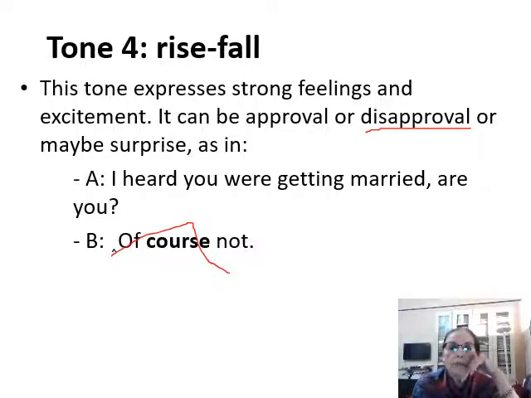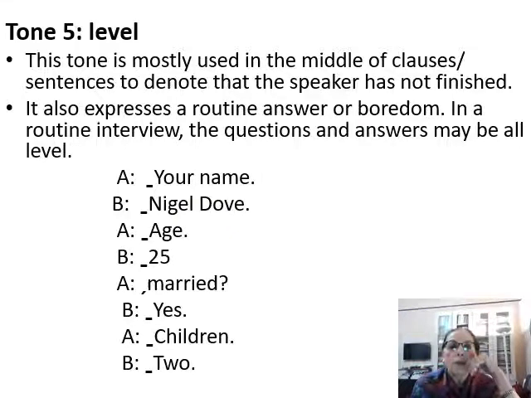All right. Tone 5, level. Level يعني إيه؟ يعني لا بتطلع ولا بتنزل. عبارة عن حاجة كده مستمرة في monotone. This tone is mostly used in the middle of clauses. أما أجي في الجملة عايزة طويلة عليها شوية, أمشي level لغاية ما أجي للpitch change في الآخر وأطلع وأنزل أو أطلع أو أي حاجة.